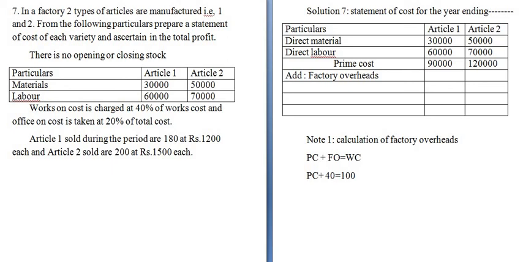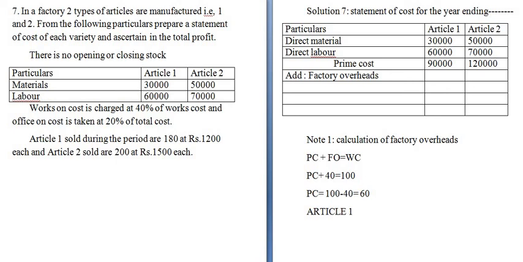When works cost is 100, factory overheads will be 40%. Now prime cost is equal to 100 minus 40, which is 60. So prime cost is 60, works cost we have assumed as 100, and factory overheads is 40.